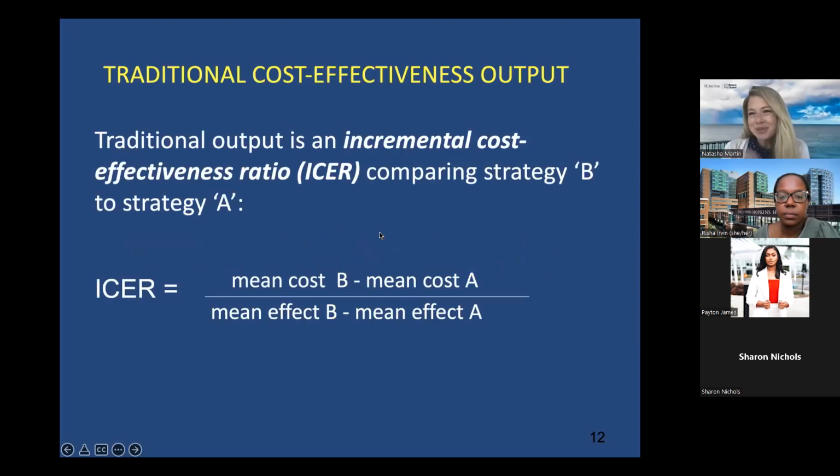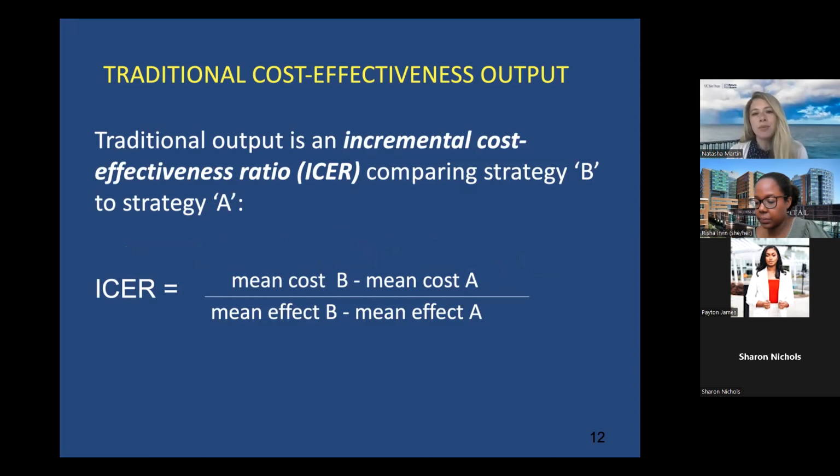And the last overview I'll give you is I wanted to break down what this output is when we're looking at cost effectiveness, because it relates to one of the examples that I'll show you later on. When we're trying to determine if an intervention is cost effective, we are usually comparing two things: a new strategy, maybe compared to what we're doing now.